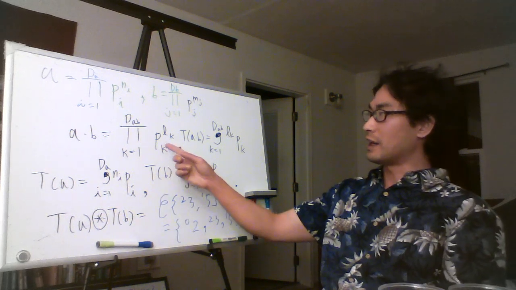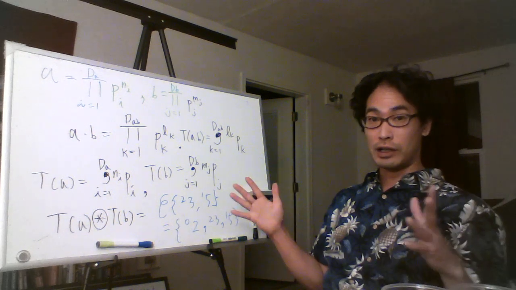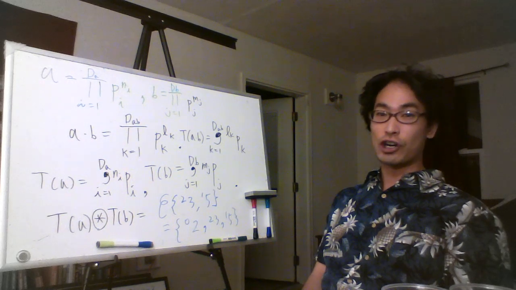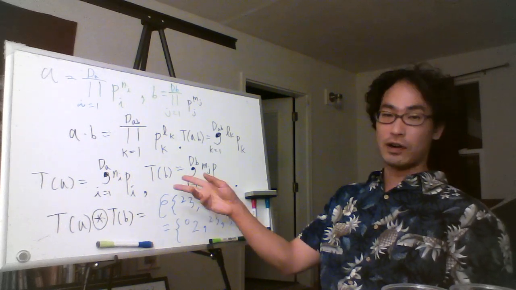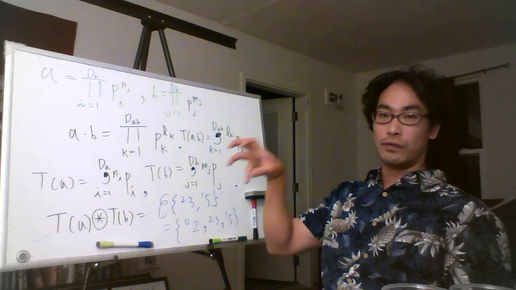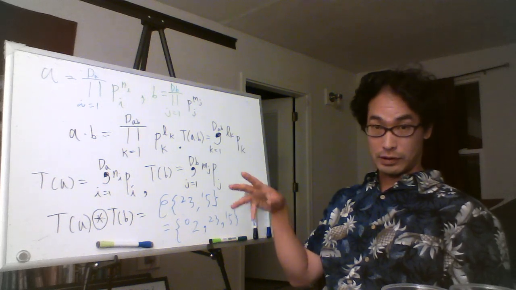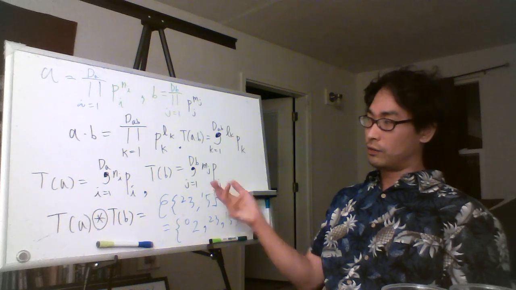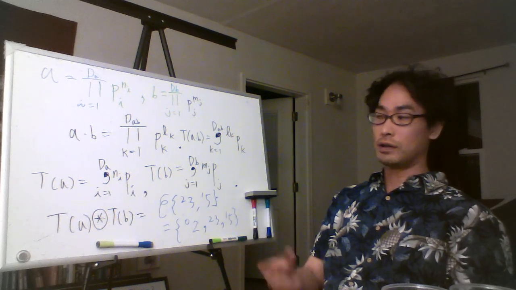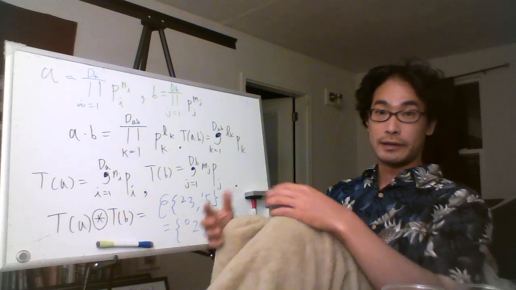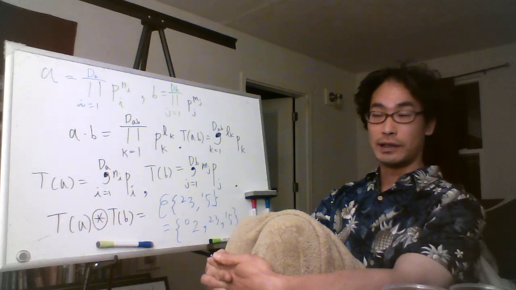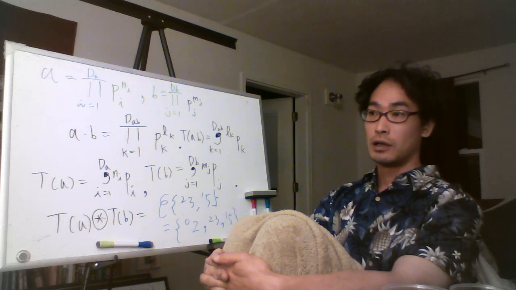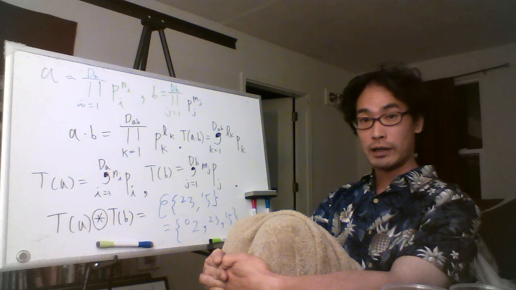So the T function is like an expansion of a number into its prime factorization, right? The reduction function, after the T function, is like extraction of all the prime numbers, which results in the set of prime numbers of this number A. Let's say A is 12. T of 12 is what? 4 times 3, so it's two twos, comma, 3.